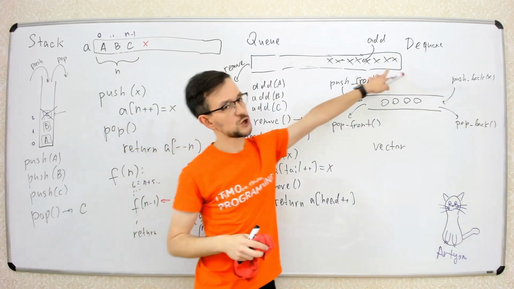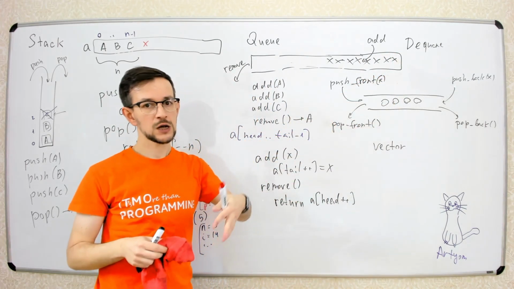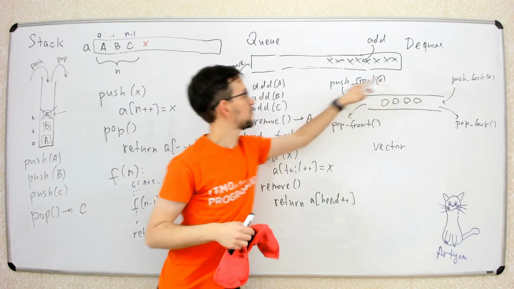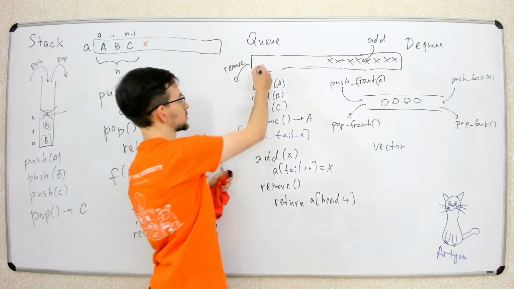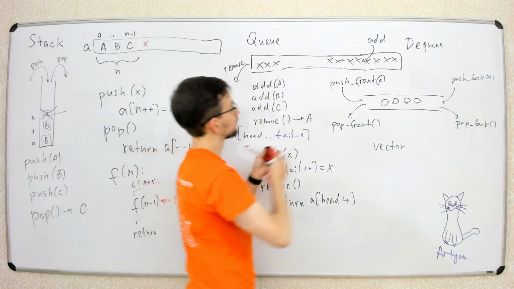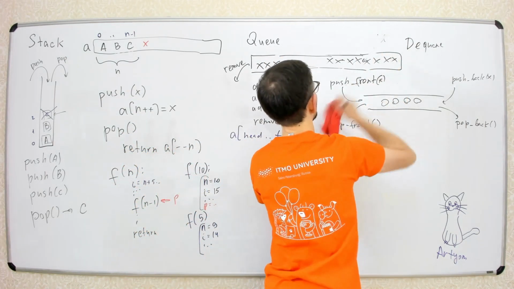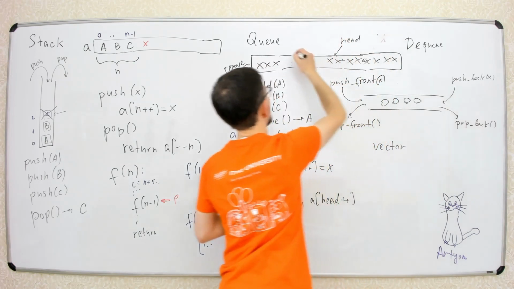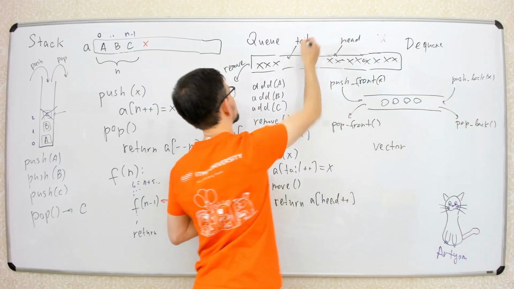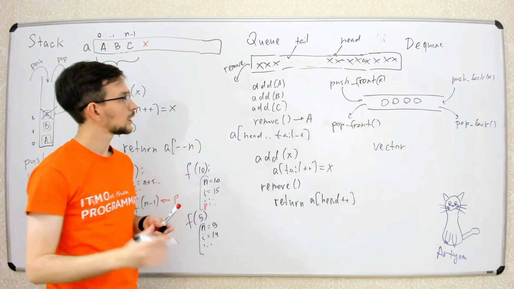At some point you reach the right border of your array. You can just go to the beginning of the array and continue to add elements to this part. So you just start from here. So your head is here, and your tail is here.